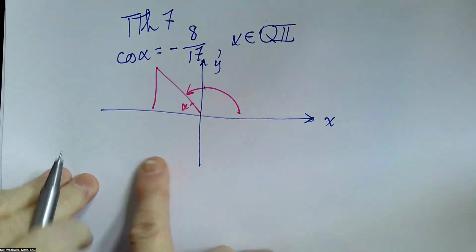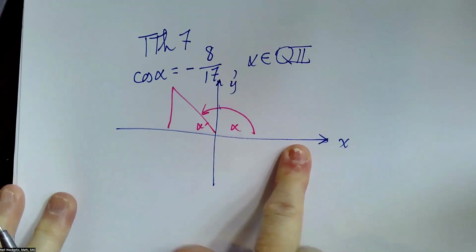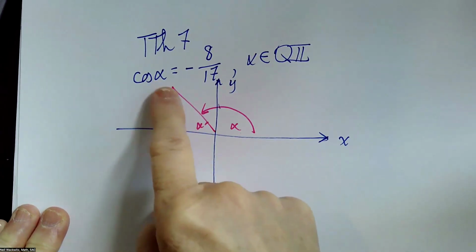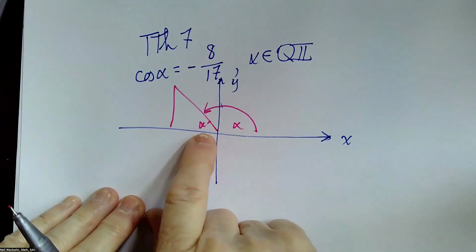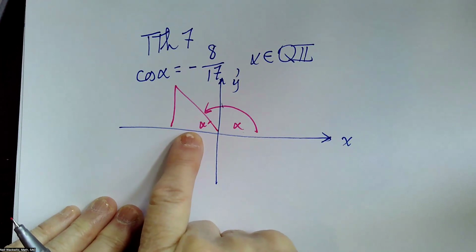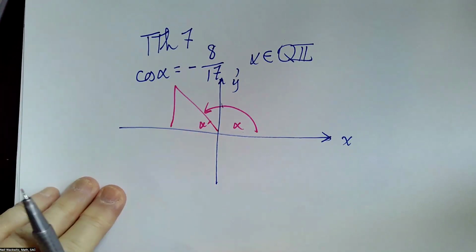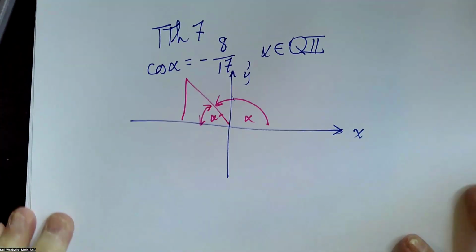We know that alpha is always measured from the positive x-axis to the terminal side of the angle, which means alpha prime, the reference angle for alpha, is going to be this acute or less than 90-degree angle in quadrant 2.